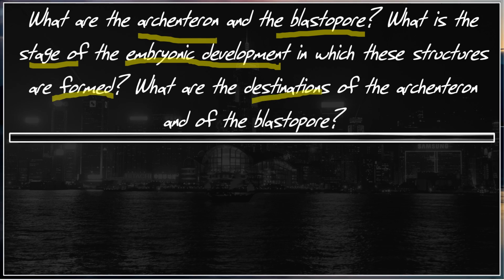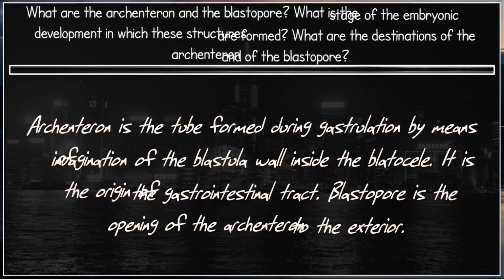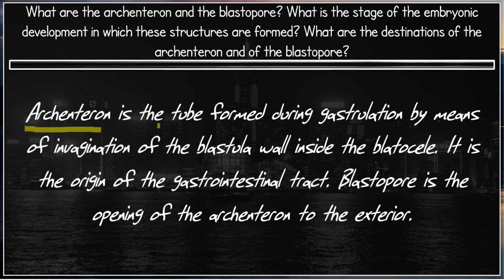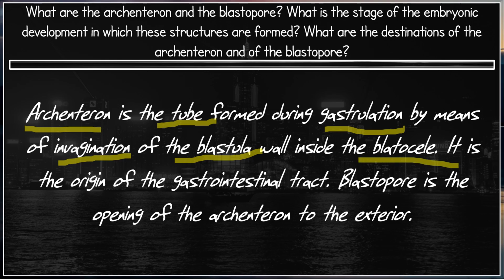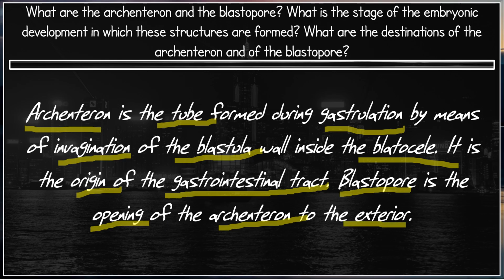What is the destination of the archenteron and of the blastopore? Archenteron is the tube formed during gastrulation, by invagination of the blastula wall inside the blastocoel. It is the origin of the gastrointestinal tract. Blastopore is the opening of the archenteron to the exterior.